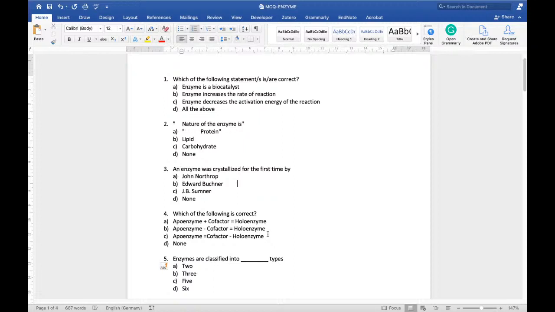Yes, first answer is right, it is all of the above. Second is protein, right. Third, yes, Sumner. Fourth, yes, it's A. And the fifth answer is 6, it's D. Rest of the students, please answer.